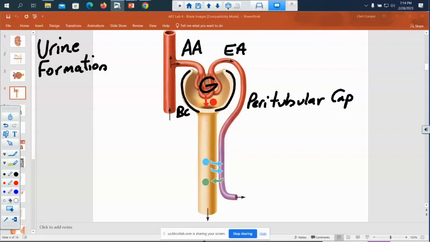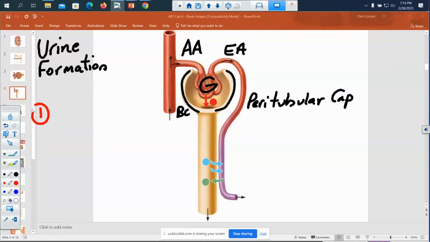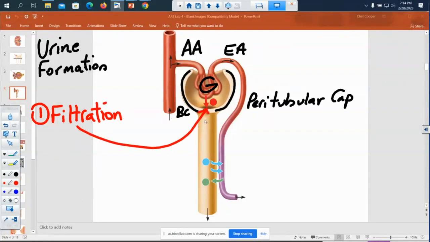Number one. Filtration happens only there. That is the only place we do a technical process called filtration.